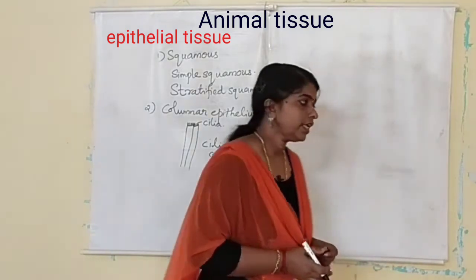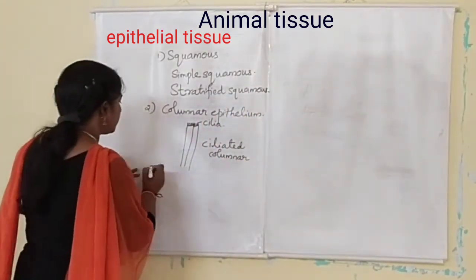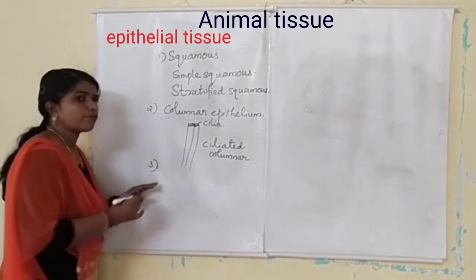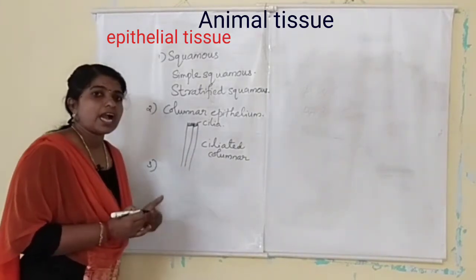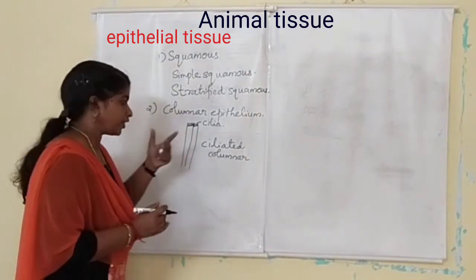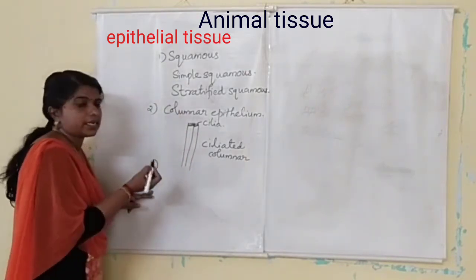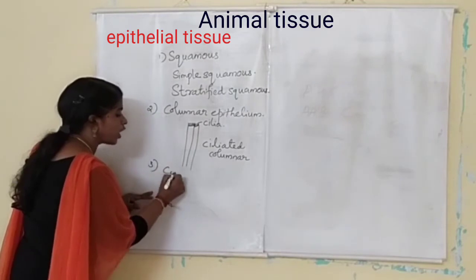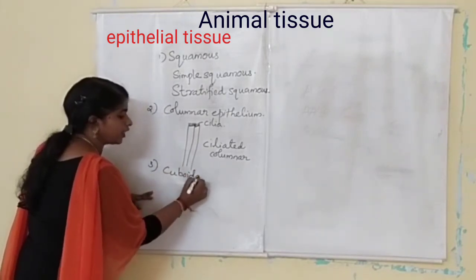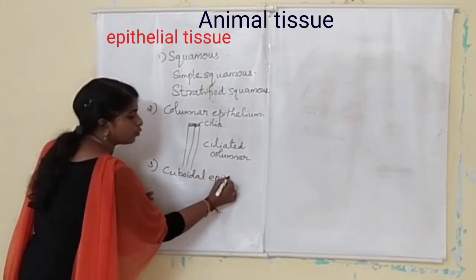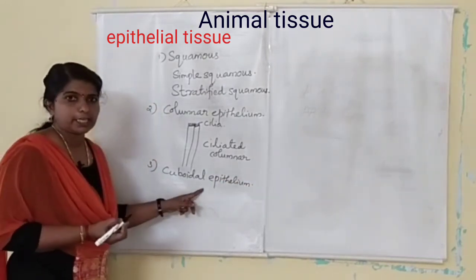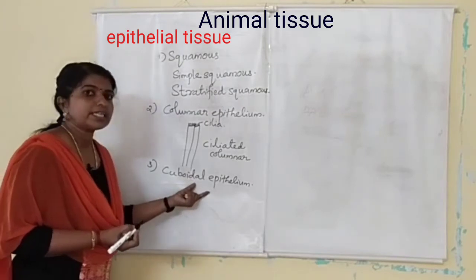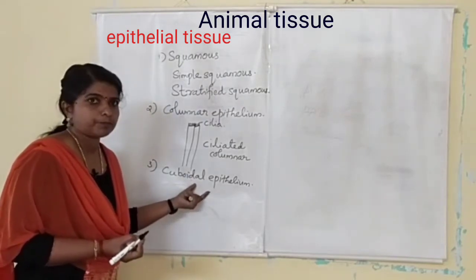Now, if you examine the ducts of salivary glands, there you can see another type of epithelium, cube-like epithelium. These are known as cuboidal epithelium. It provides mechanical support.